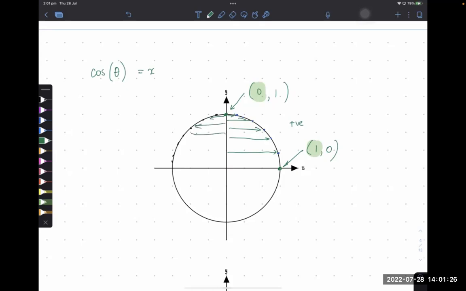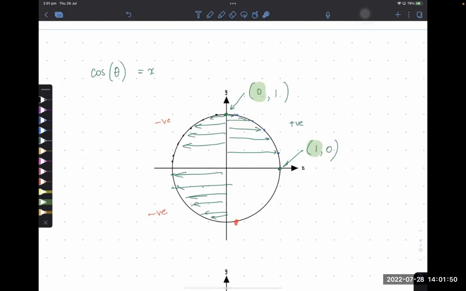We're on the negative part of the x-axis, so this is why it's negative. If we stay on this side, we're still on the negative part of the x-axis, so down in this quadrant it's also negative for cos.